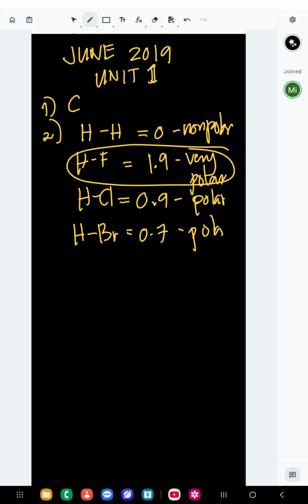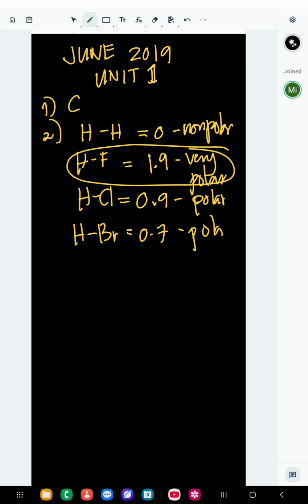Then for number 3, covalent bonding is best described as the electrostatic attraction between oppositely charged ions, positive ions and the localized electrons, a shared pair of electrons, or two nuclei and a shared pair of electrons. So what are covalent bonds?